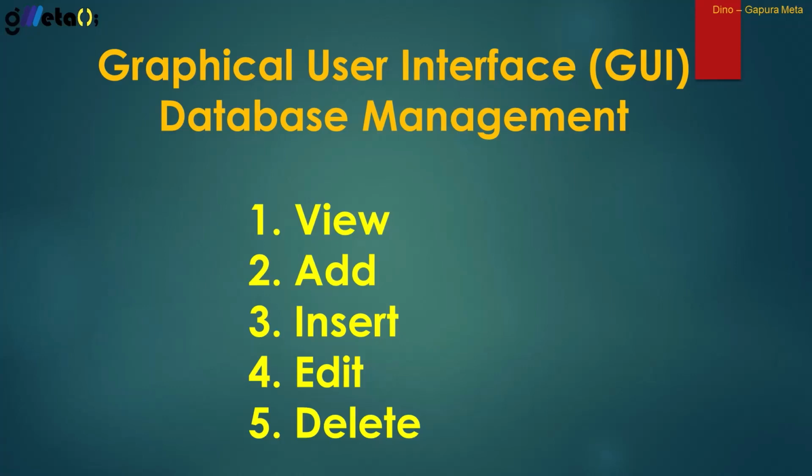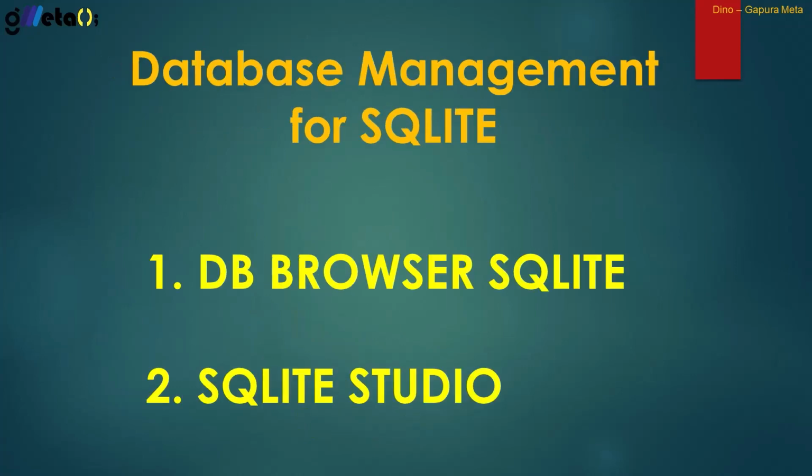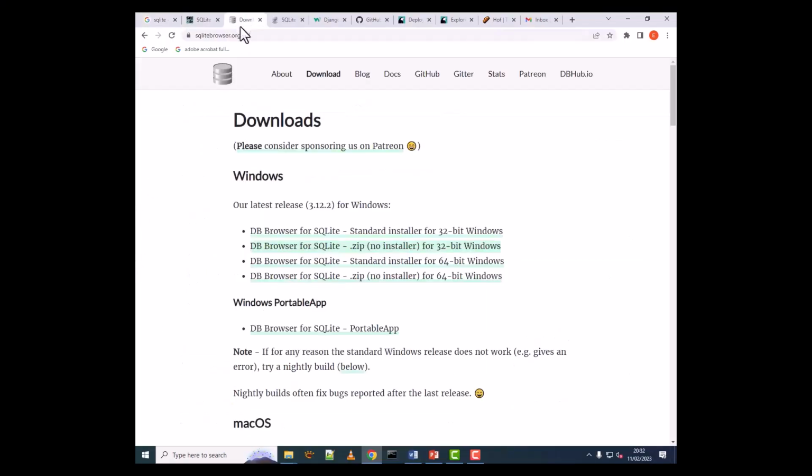There are several free and open source GUI programs to manage SQLite, but we will try only two, which are DB Browser for SQLite and SQLite Studio. This is the SQLiteBrowser.org site. Let's download it for Windows first.